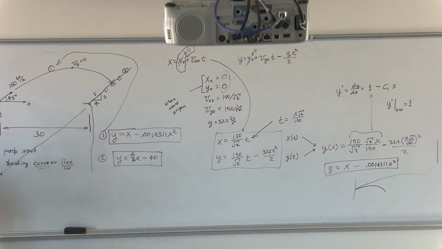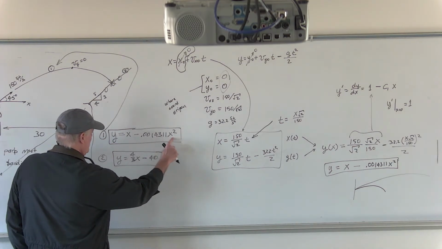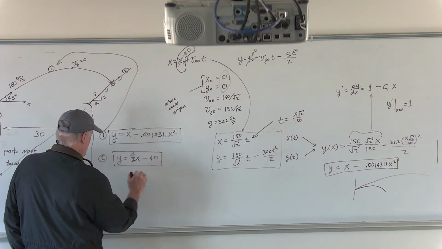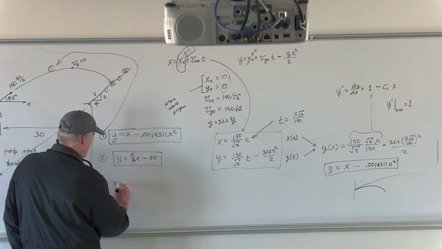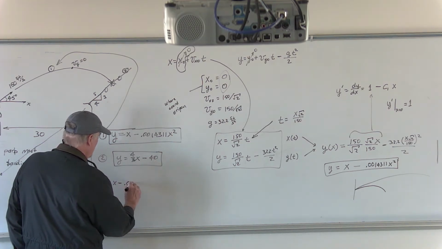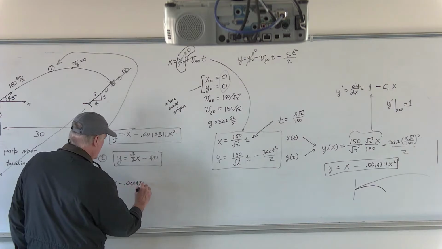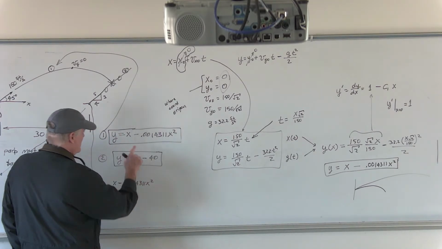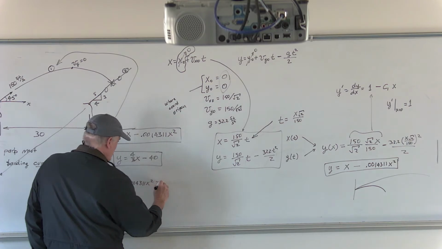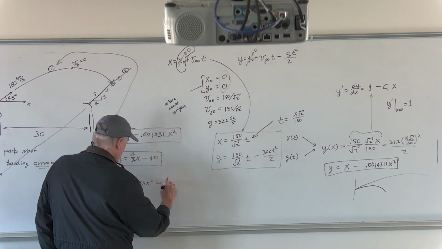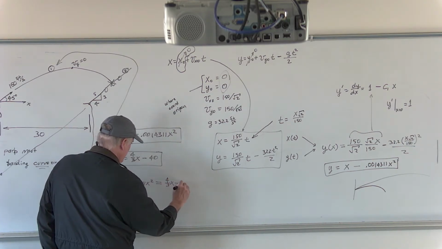All you do is take this part and set it equal to that part. So you say x minus 0.00143111 x squared, that's this part, has got to be equal to 4/3 x minus 40.